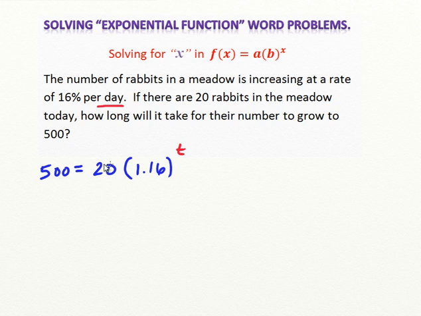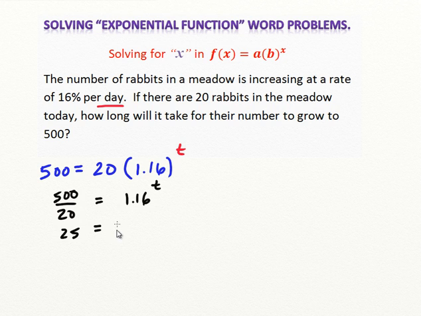So let's go ahead and solve this. The first thing we're going to do is move the 20 over to the other side, and we get 500 divided by 20 equals 1.16 to the exponent t. We can simplify 500 divided by 20. We know that is 25.